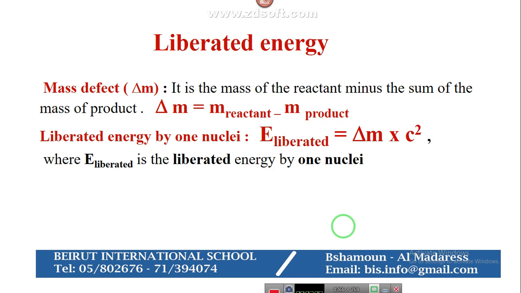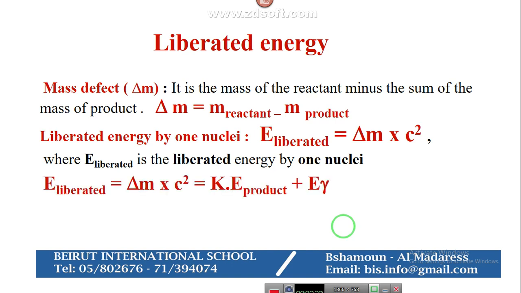Delta M equals mass of reactants minus mass of products. The energy liberated by one nucleus is E liberated equals delta M times C squared, where delta M is the mass defect, C is the speed of light in vacuum, and E liberated is the energy liberated by one nucleus. Also, the liberated energy is equal to the kinetic energy of the products plus the energy of the gamma rays.